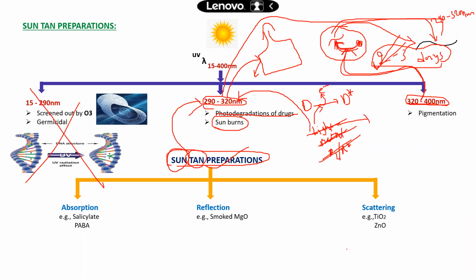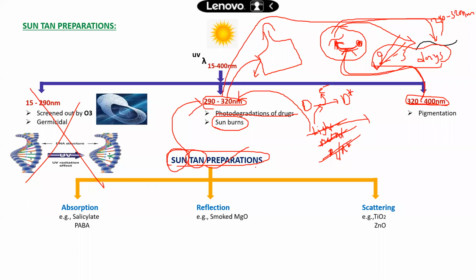Okay, friends, that's why during initial exposures you have to protect. How? By applying the cosmetic preparation. Now, suntan preparations are the cosmetic preparations which protect your skin surface from UV radiation 290 to 320 nanometer.